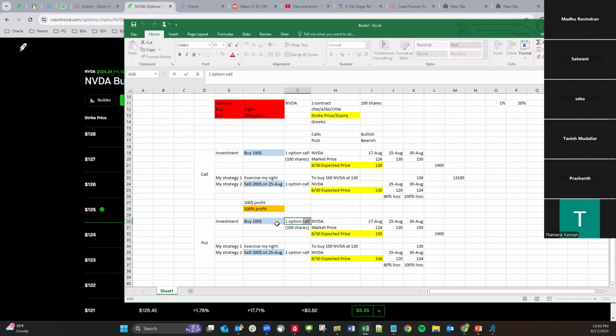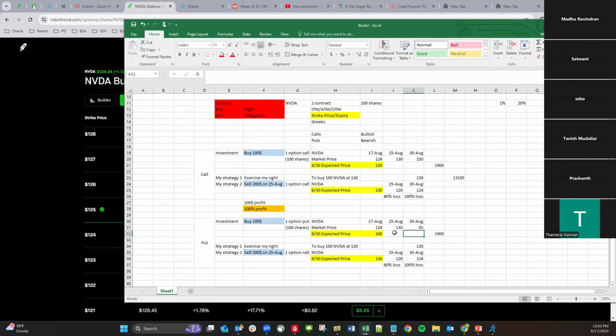I'm buying a put option for NVIDIA for $100, and because it's an option contract, it is 100 shares in that contract. The market price is 124, and let's say my expiry date I'm still picking as 8:30. Put is bearish, so I'm expecting it goes to, let's say, 100 from 125. Let's take the best case scenario where we make gains, which means from 124 it is going to reduce. It went up to 130 and then eventually came down to 95.